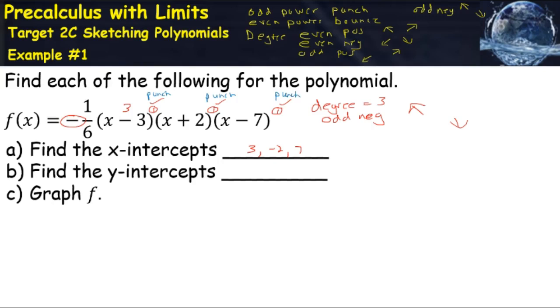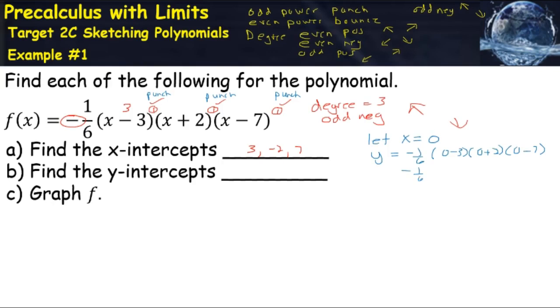Okay, now I have to find the y-intercept. To find the y-intercept, I'm going to let x equal 0 and find y. So I have y equals -1/6, times 0 minus 3, times 0 plus 2, times 0 minus 7.